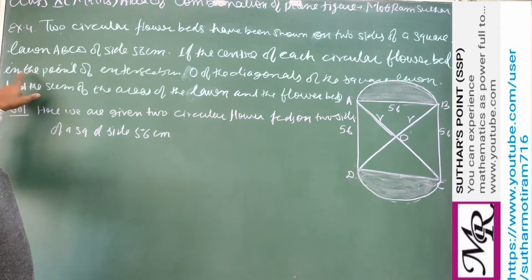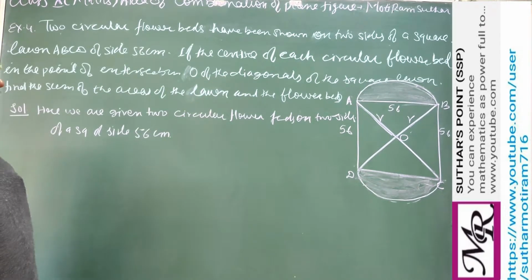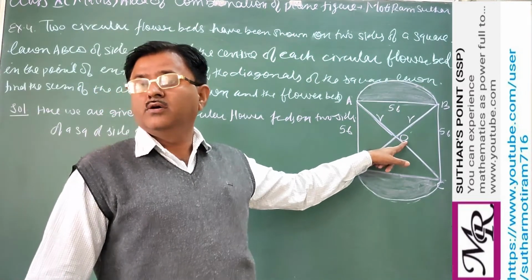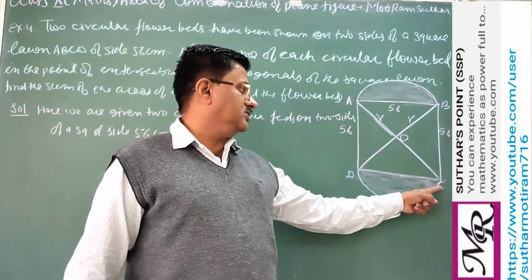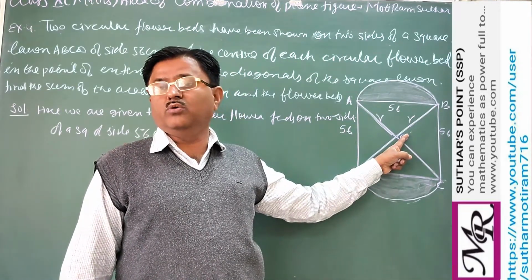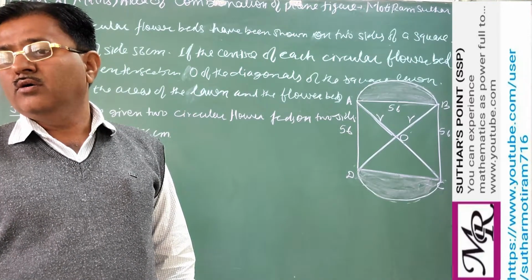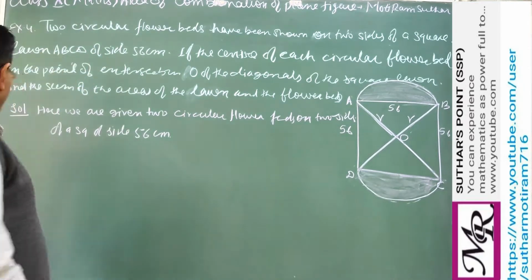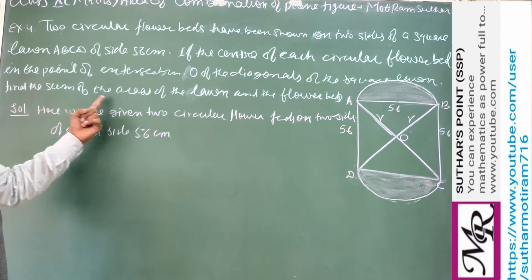And O is also the point of intersection of the diagonals. AC is the diagonal, BD is the diagonal. They are intersecting at the point O. So O is also called the point of intersection.